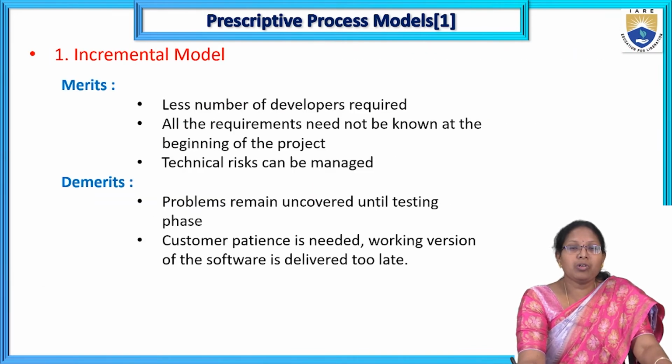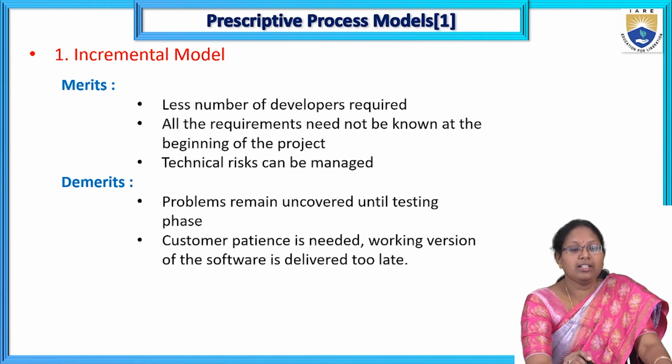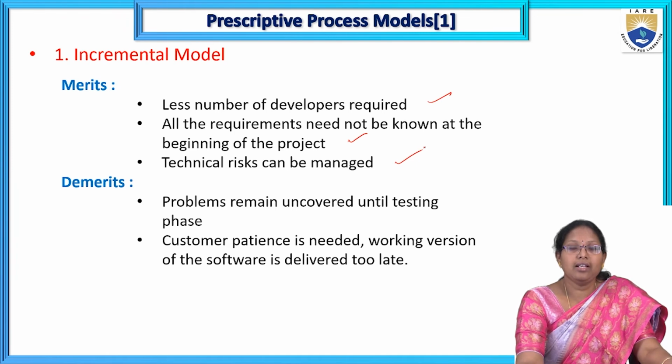The incremental process model has merits as well as demerits. Here fewer developers are required. All the requirements need to be known at the beginning of the project, and the technical risk can be managed. These are the merits of the incremental model.